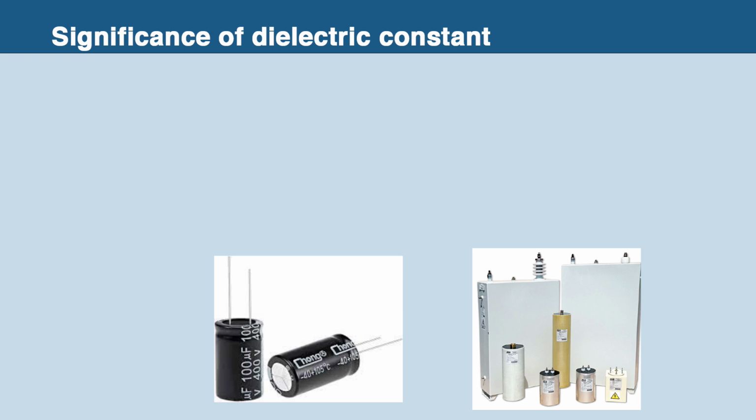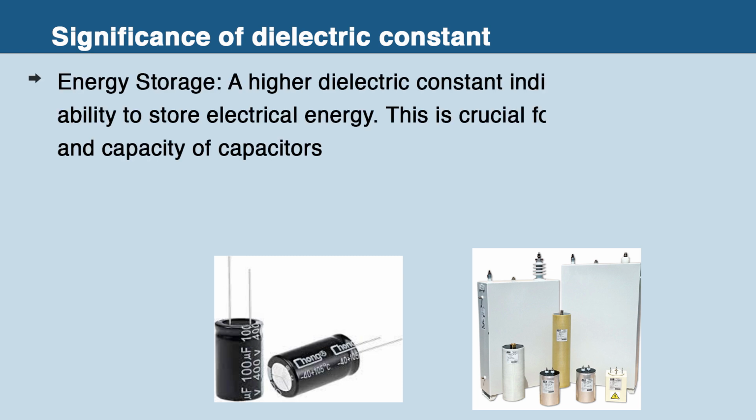These are the mathematical derivation and the significance of dielectric constant. First, energy storage. A higher dielectric constant indicates a greater ability to store electrical energy. This is crucial for the efficiency and capacity of a capacitor.